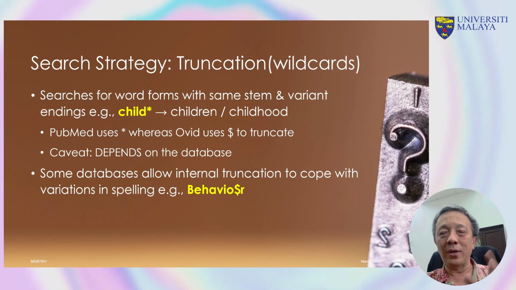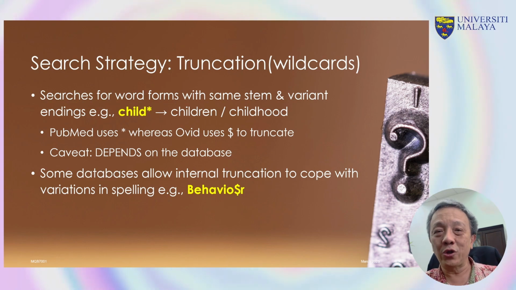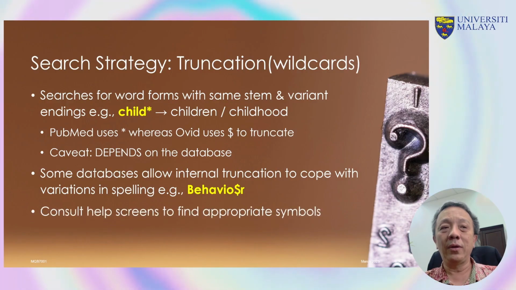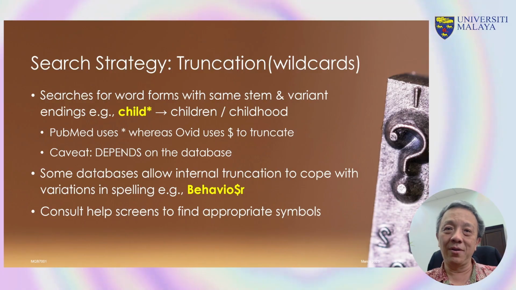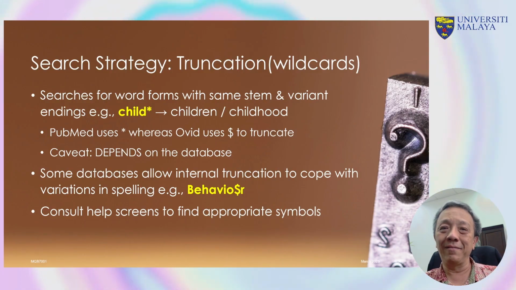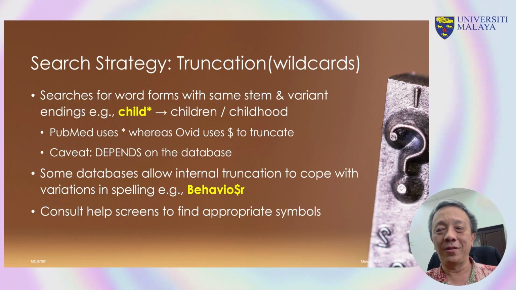So it's important for you to use truncation very well. If you don't know what to do, you can consult the help screen to find the appropriate symbol or method based on the different databases and search engines.